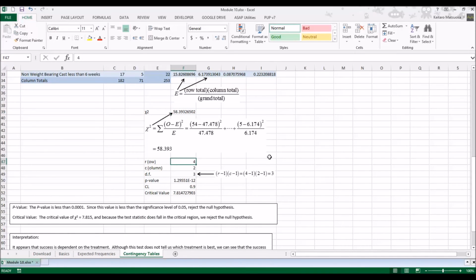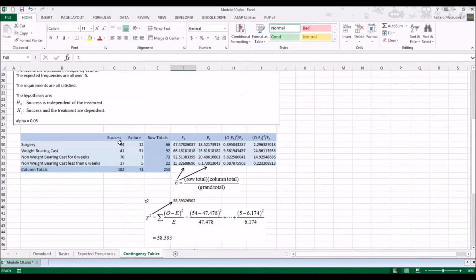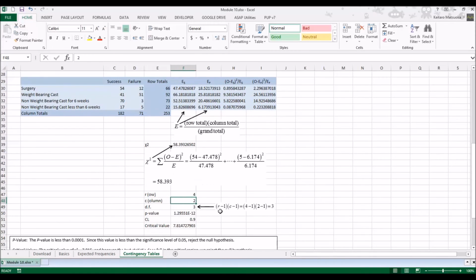So the R stands for row, C stands for column. So you can see that there are 4 rows and 2 columns. The degree of freedom formula is R minus 1 times C minus 1. So that's going to be 3 times 1, which is 3. Using the test statistic and the degree of freedom, and again, it's a chi-square distribution right tail formula, then I get the p-value, which has the e to the negative 12, meaning that it's an extremely small number.